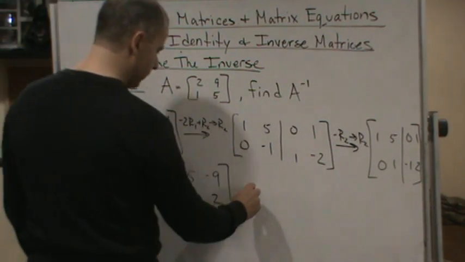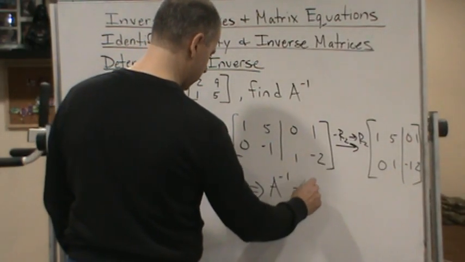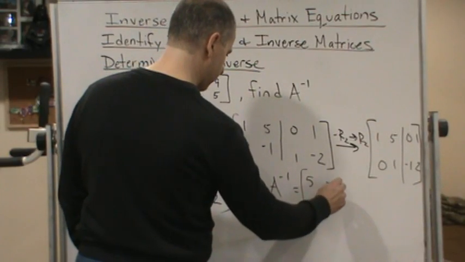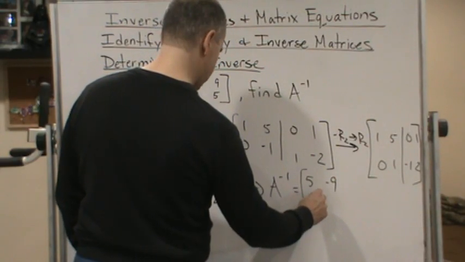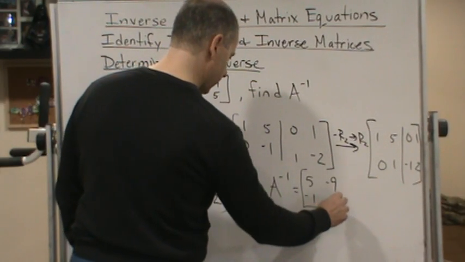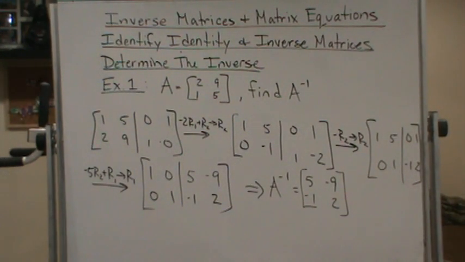That means that A inverse is equal to 5, -9, oops, -1, 2. And that's it. And that is how you find the inverse of a matrix if the inverse exists.